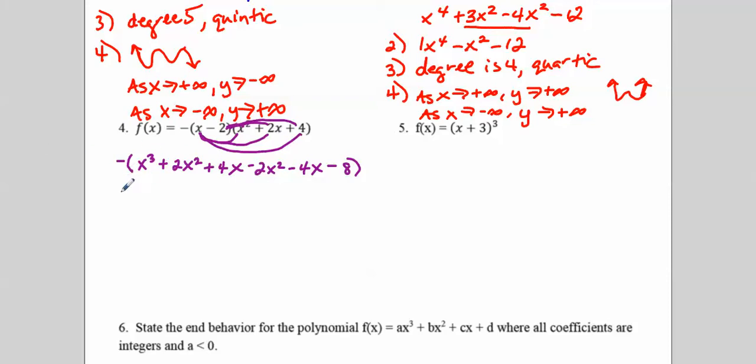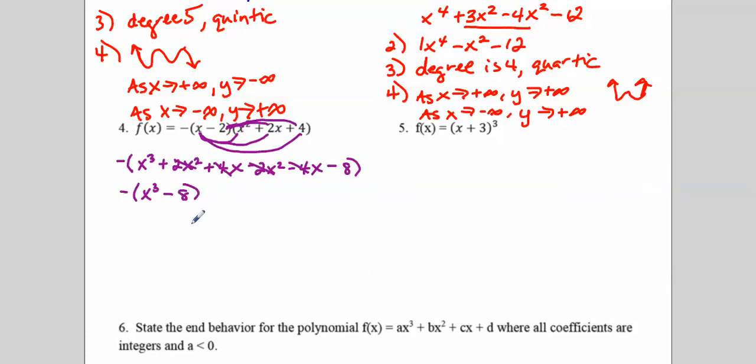I still have a negative out here. X to the 3rd, that doesn't combine with anything. 2x squared minus 2x squared, so I have no x squareds. And I have a 4x minus a 4x, those combine as well, to cancel out, and I have a negative 8.